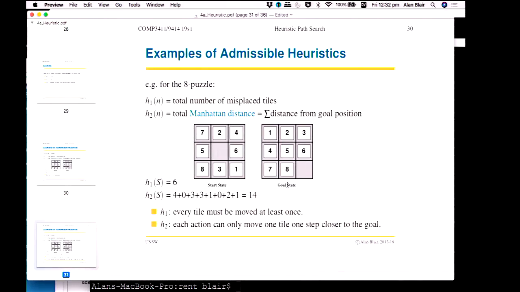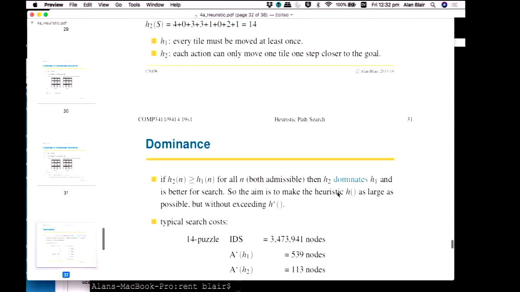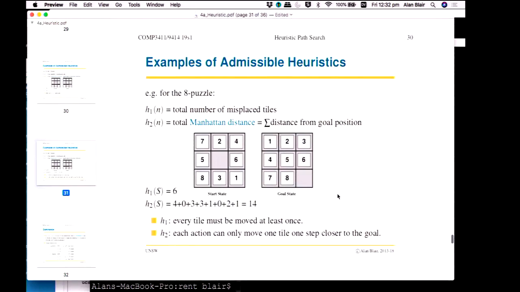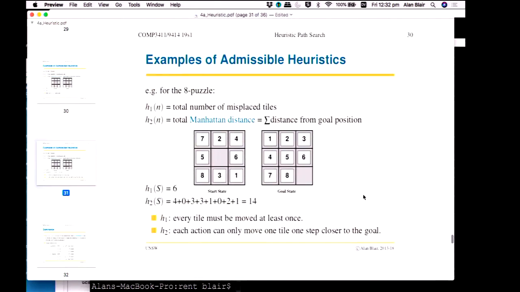So here are 2 different heuristics: the misplaced tiles heuristic, and the distance from goal position heuristic. Each of these can be seen as a kind of relaxed version of the problem. If you relax some of the constraints, this is how many moves it would take.